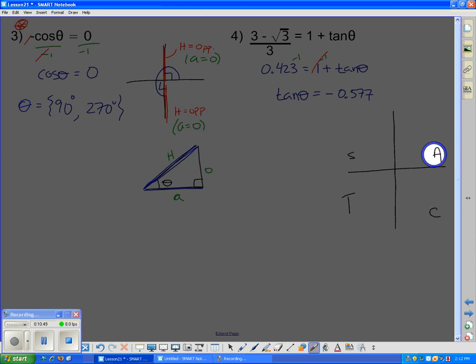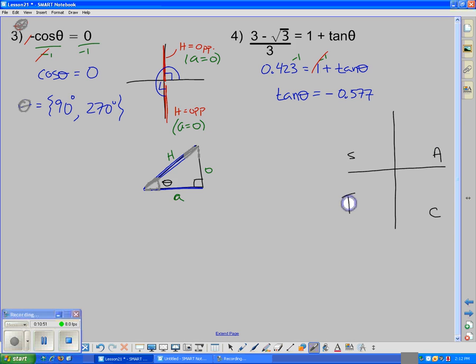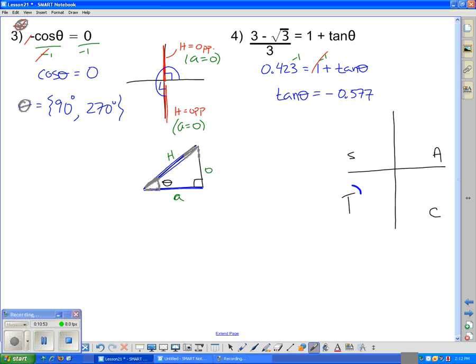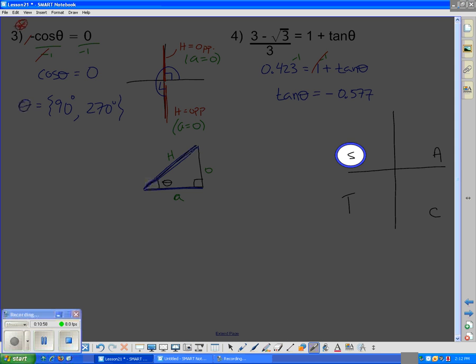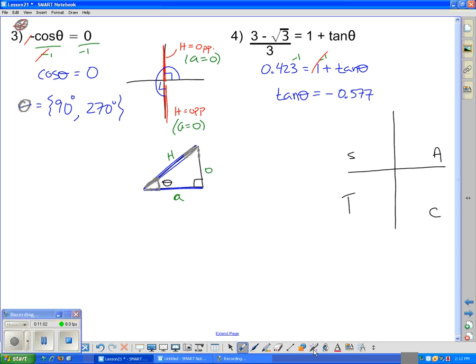Tan is positive there. So that means tan is negative in this quadrant and in this quadrant. So there's going to be one answer here, that's theta 1, and my other angle is going to be down here, that's theta 2. So one answer is going to be between 90 and 180, and my other answer is going to be between 270 and 360.